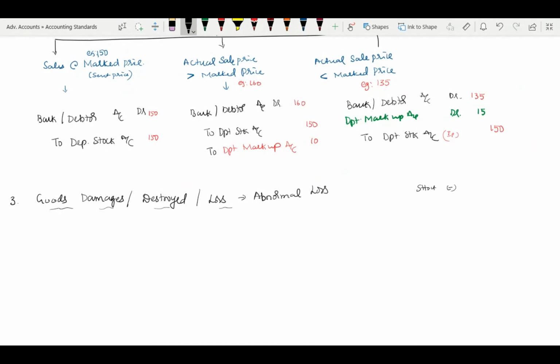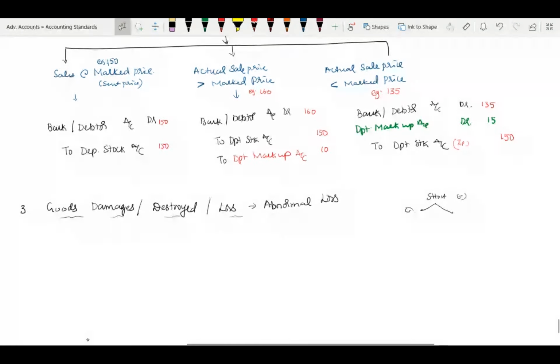Correct? So therefore, departmental stock account, whatever I have credited, to this extent of stock I have to remove. Since the departmental stock account is appearing at invoice price, I have to remove departmental stock at invoice price only. Correct? But in this stock I have two components. One is the cost component, another one is the profit component. This profit, we call it markup.